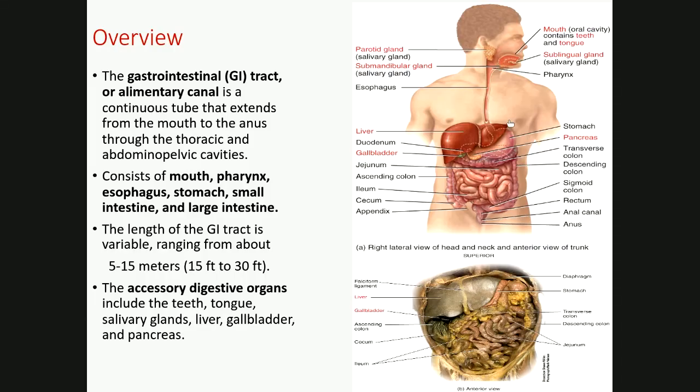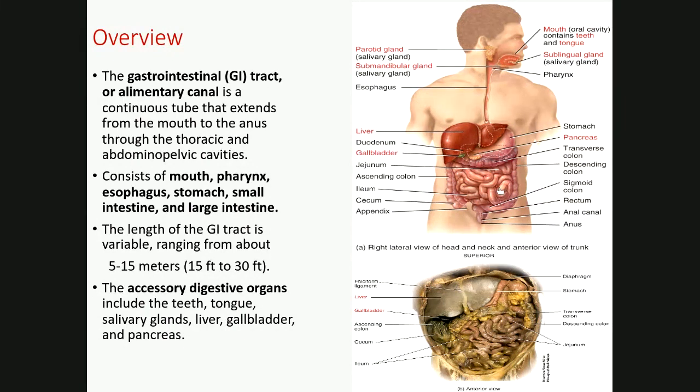If we look at the gastrointestinal system, it's also called the alimentary canal. It's a continuous tube that starts at the mouth and goes all the way down to the anus. We're going to discuss these different regions, which include the mouth, the pharynx, the esophagus, the stomach, the small intestine, and large intestine.